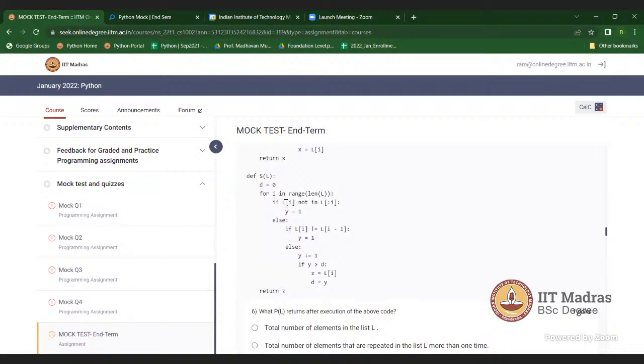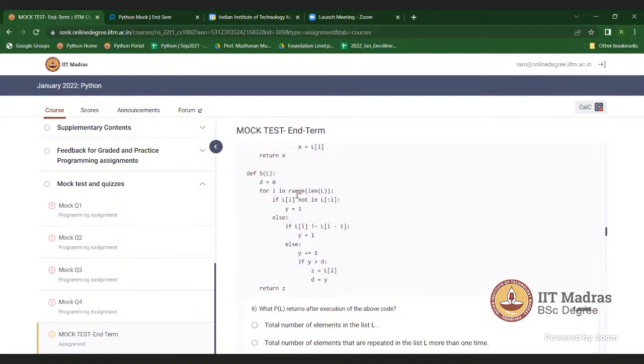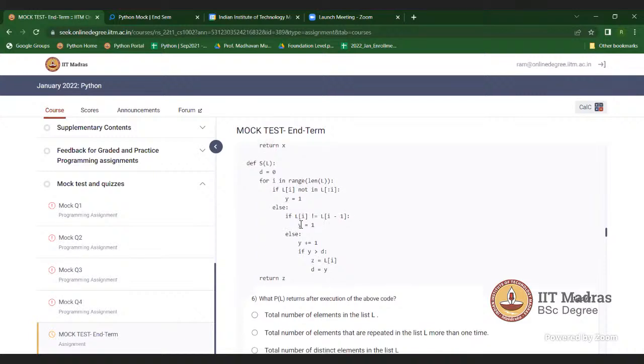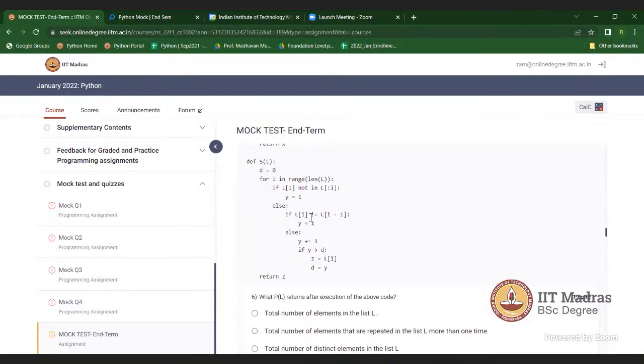Else, when we go to else, what that basically means is L of I, that value is already there in one of the first I minus 1 elements for sure. If that repetition is happening with the I minus 1 and I, that is, if L of I minus 1 is not equal to L of I, then we are having y equals to 1 again.